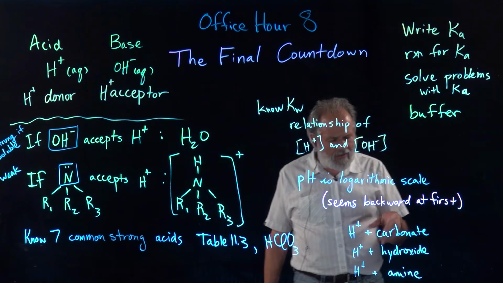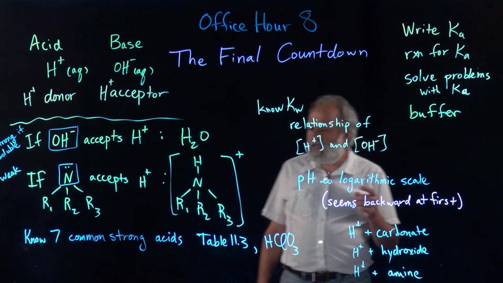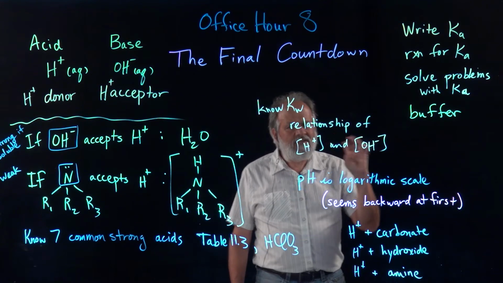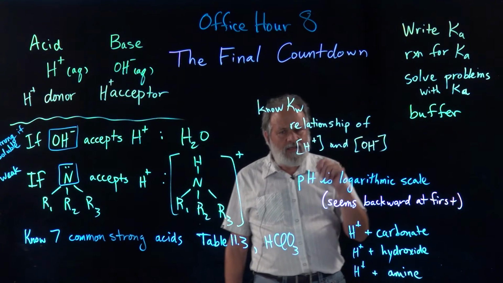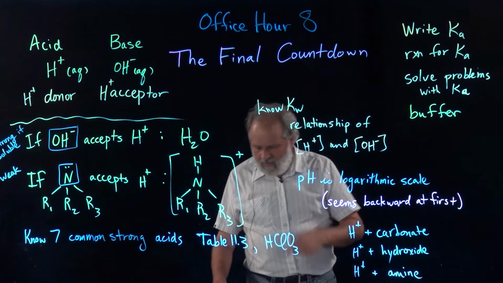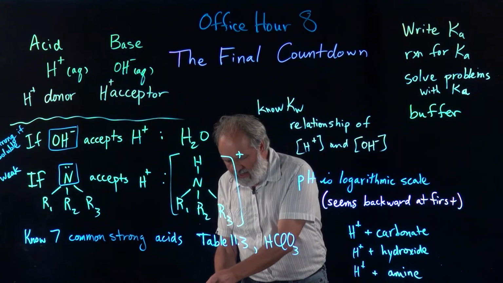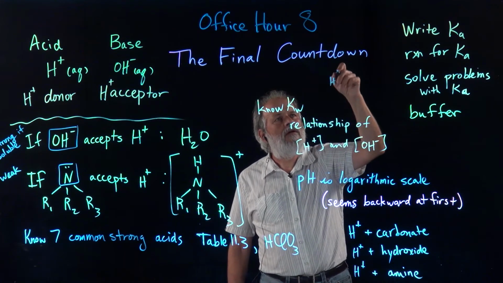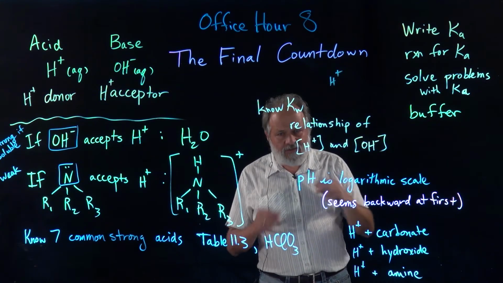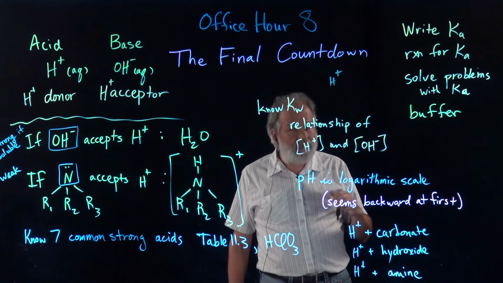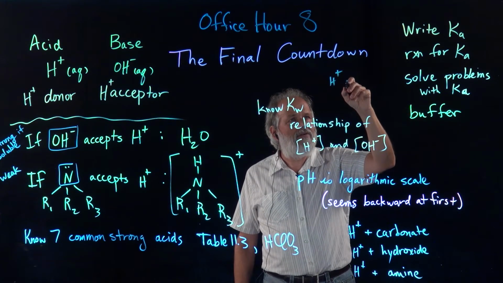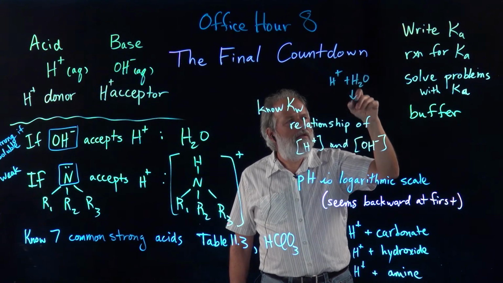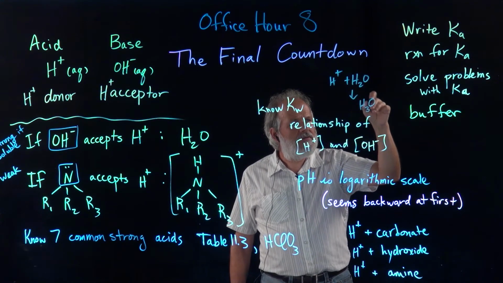The other thing you have to be sophisticated about is that H plus and H3O plus are really synonymous, and they differ by H2O. So if you have a proton, H plus, well, it has no electrons, so it's just the nucleus of a hydrogen atom. That's going to attach to the oxygen atom in a water to produce H3O plus.